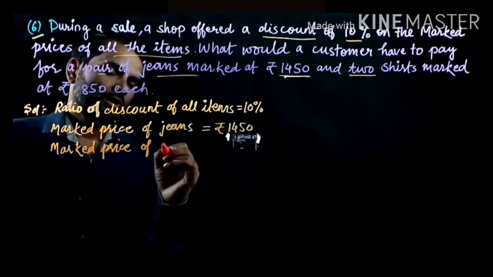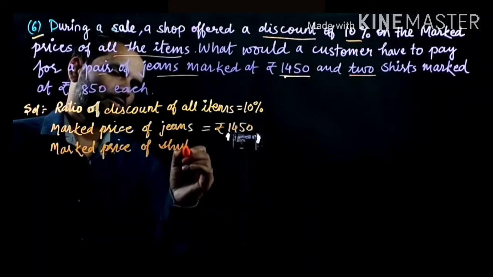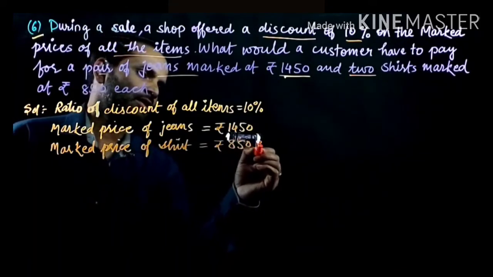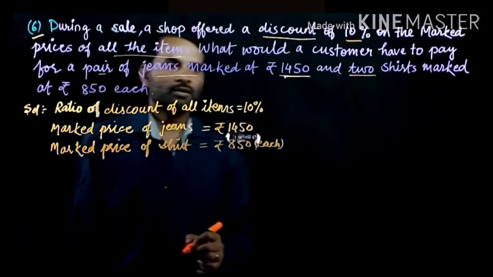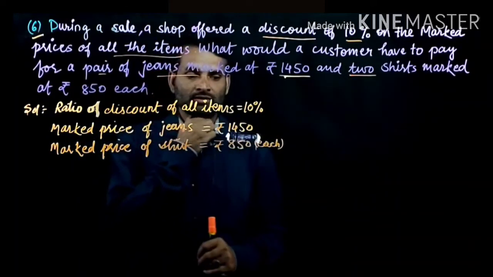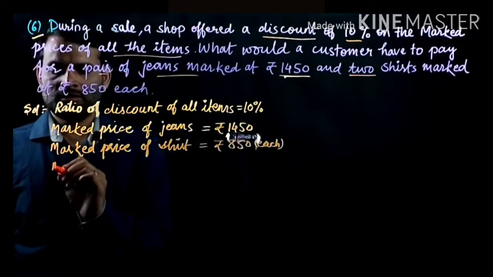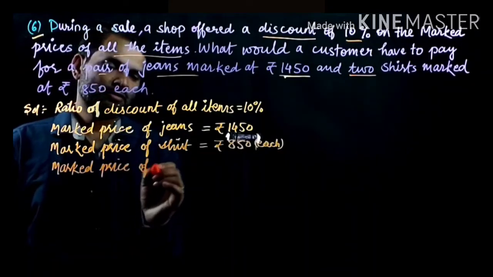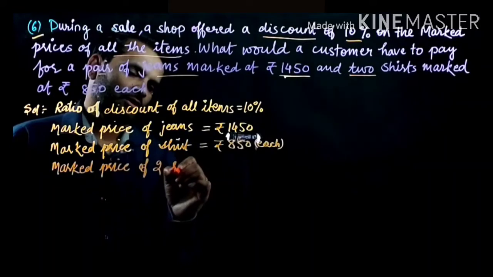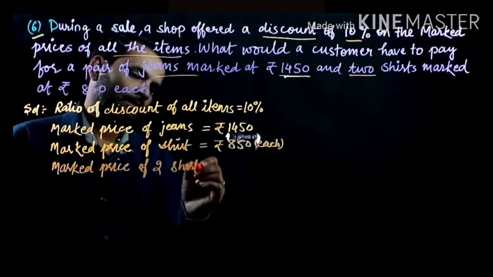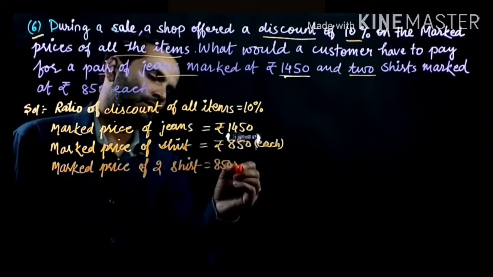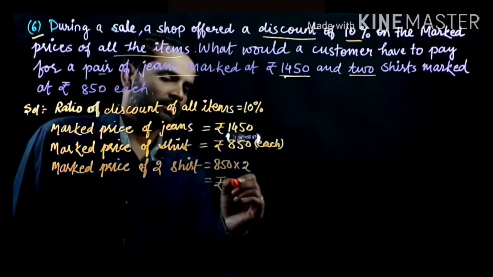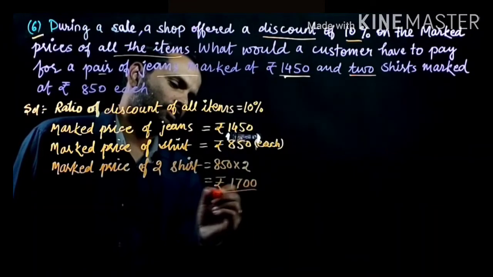And second, the market price of a shirt is at the rate of 850 rupees each, and they will purchase two shirts. So you find the market price of two shirts: 850 into 2 is equal to how much? 1700.